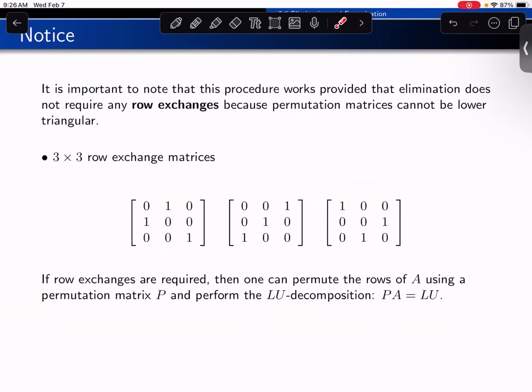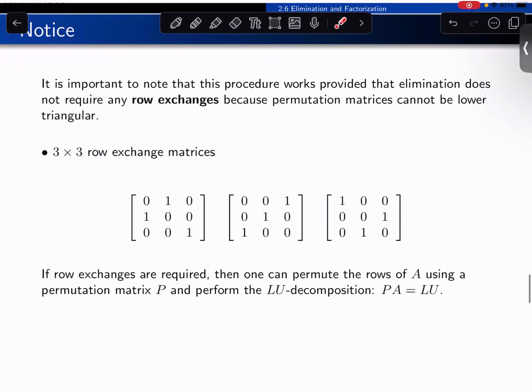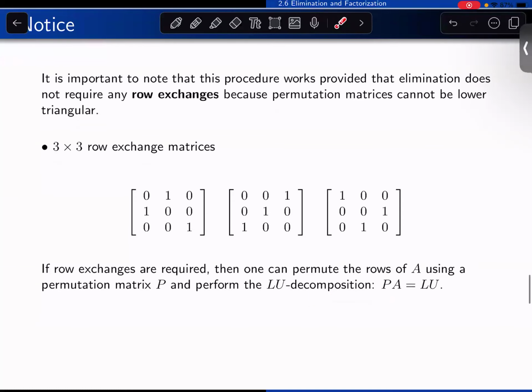So if you get to a certain step in reducing to the upper triangular matrix and you end up with a 0 in the pivot, you can't really multiply by a permutation matrix, because then your product is no longer lower triangular. So before you even go through with this LU decomposition, you have to begin by multiplying by a permutation matrix. That's what this final statement is saying.